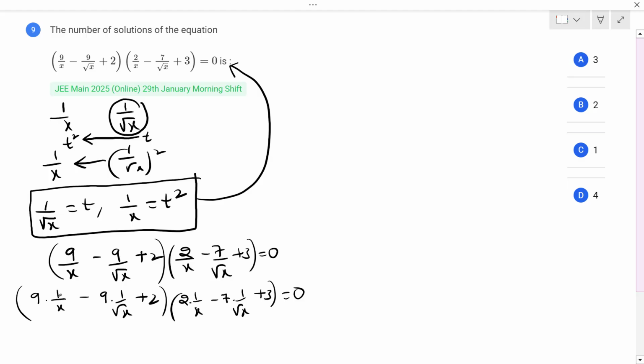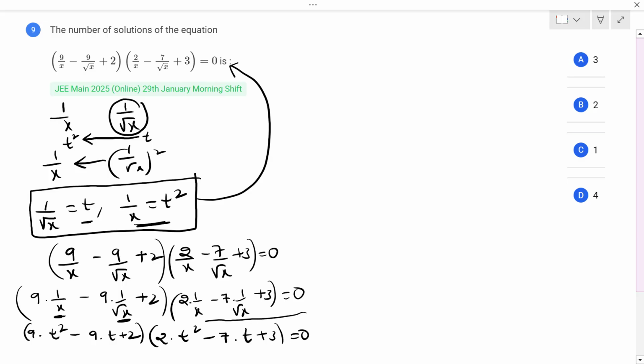Why have you done like that, sir? I can clearly see that in this, 1 by x I can substitute as t square, and 1 by root x I will substitute as t. So 9 into 1 by x is 9t square minus 9 into 1 by root x is 9t, plus 2 into, in the second bracket, 2 into 1 by x is 2t square minus 7 into 1 by root x is 7t, plus 3 is equal to 0.